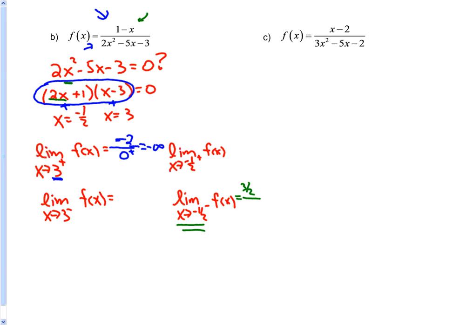And then something close to negative 1/2, take away 3 is also going to be negative. If we take a negative times a negative, we're going to have a positive. So that means that we're approaching 0, but from the positive aspect. So again, we're going to be dividing, in this case, by very small positive numbers. And 3/2 divided by very small positive numbers is going to be positive infinity.